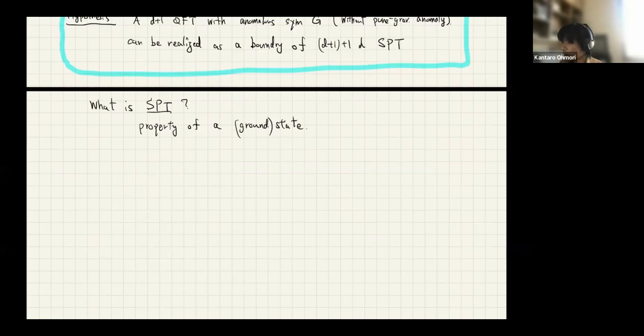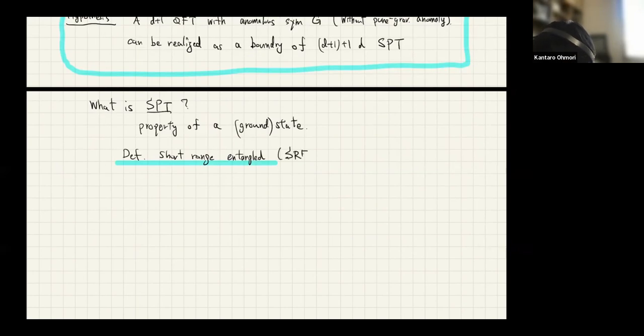First I define short range entangled, abbreviated as SRE.